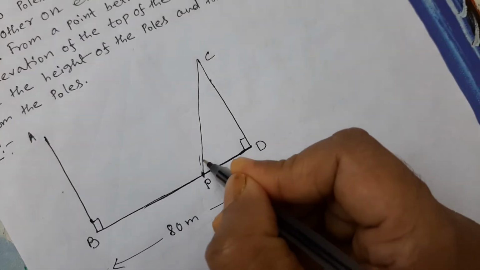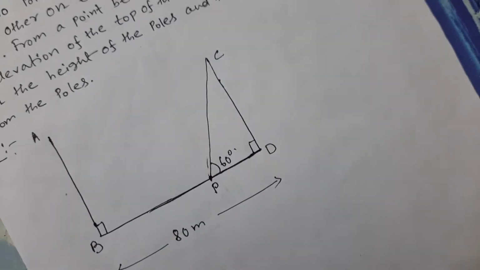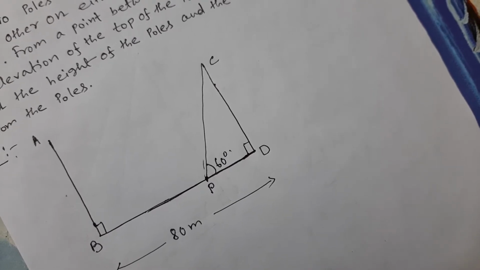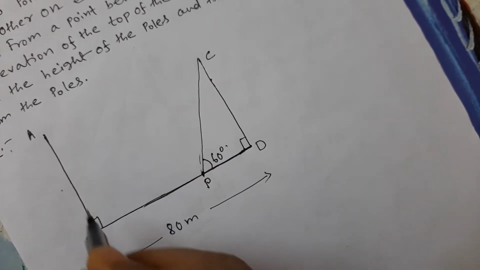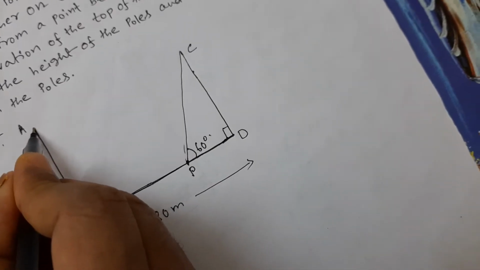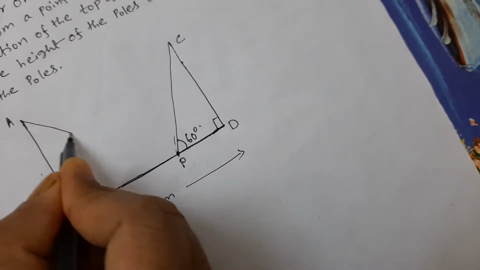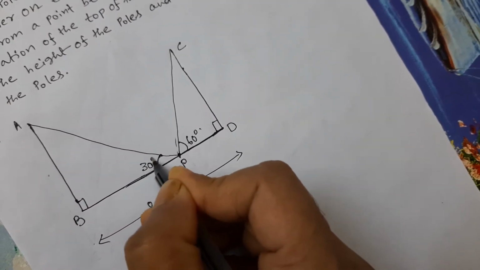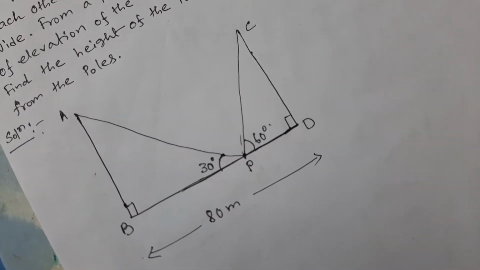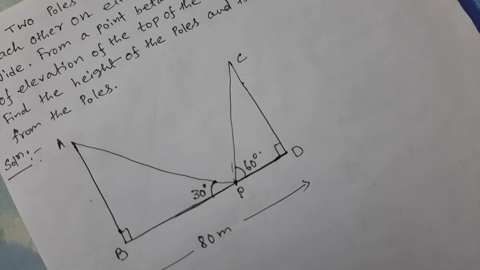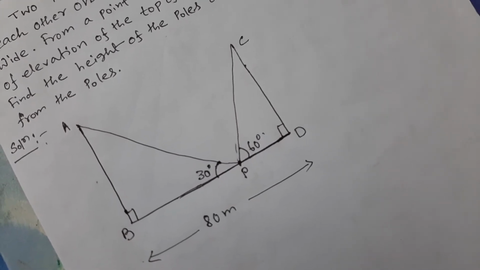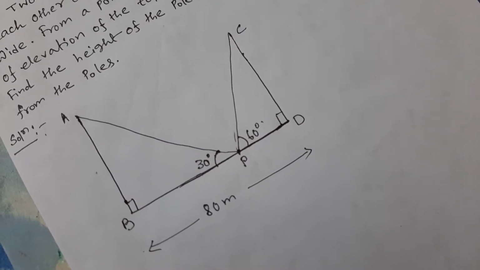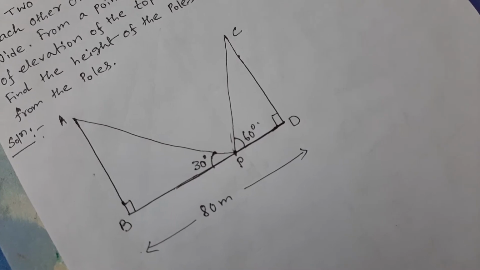PC makes 60 degree. The top of the other pole is A, with angle of elevation 30 degree, so join A and P. This is 30 degree.